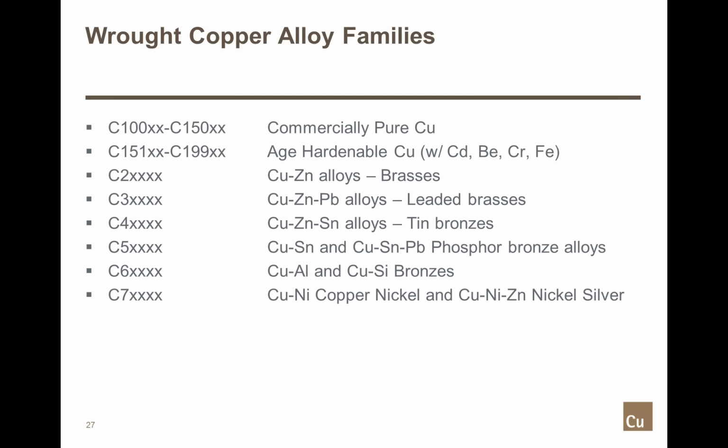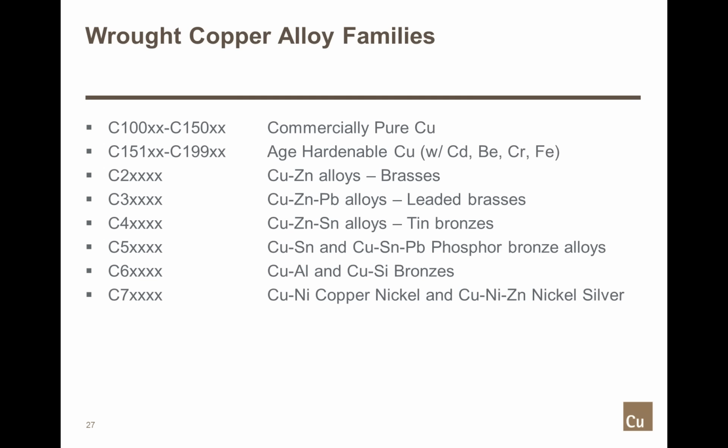In the C151 to C199 range, with the other two numbers, these are age-hardenable copper alloys. They can have a variety of other elements. I've given some examples: cadmium, beryllium, chromium, iron, but there's a variety of others that can be added there to get hardenable copper alloy. Still, majority copper.